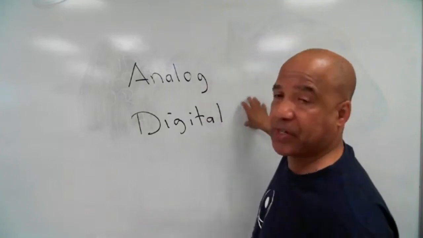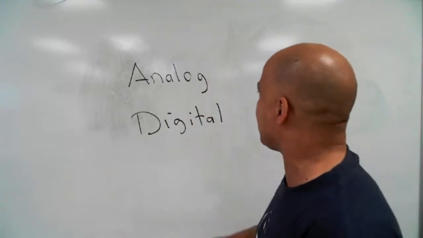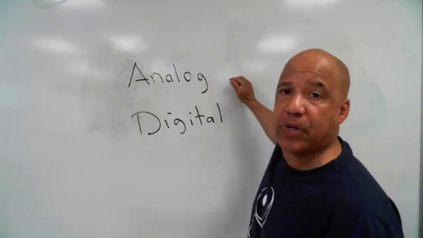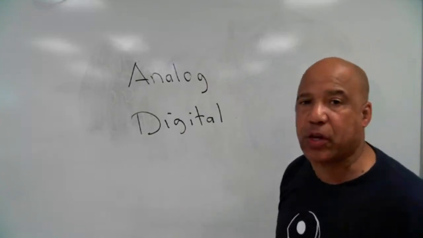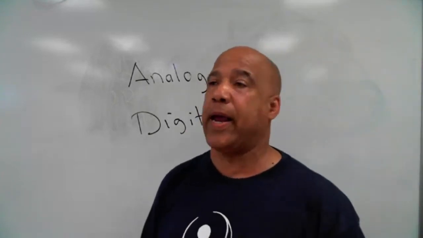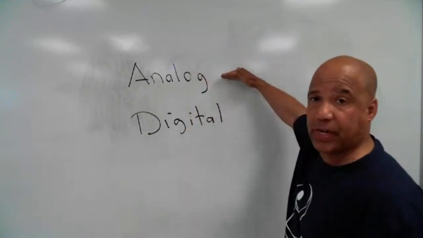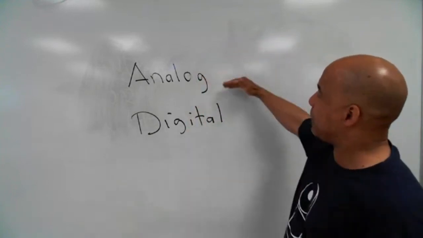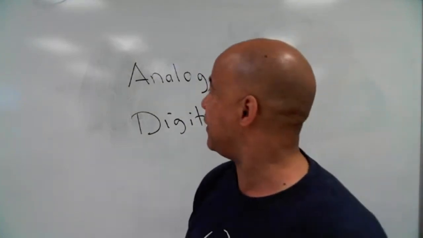So here's how you can distinguish one from the other. Analog means continuous. If I have a continuous current or a continuous voltage signal, then that would be an analog signal. Analog means continuous. Digital means discrete.